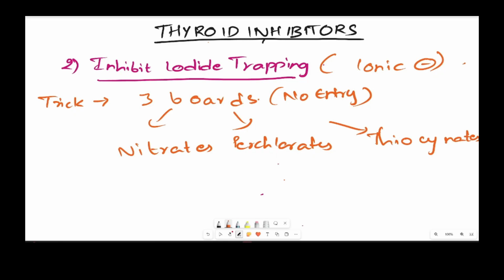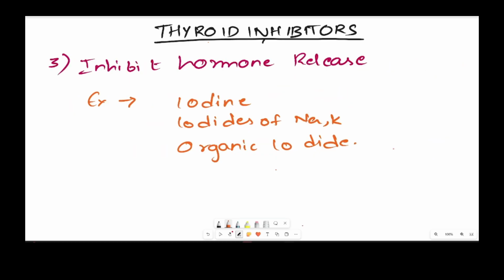So that is about the second class. Now coming to the third class, it is called the one which inhibits hormone release. So how do you remember these drugs? When the thyroid wants to release hormones, imagine that there is one security guard who is shouting, saying that iodine, stop.